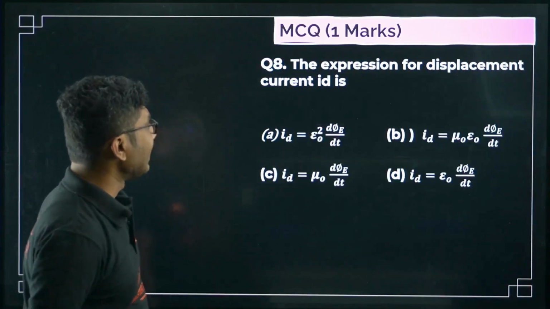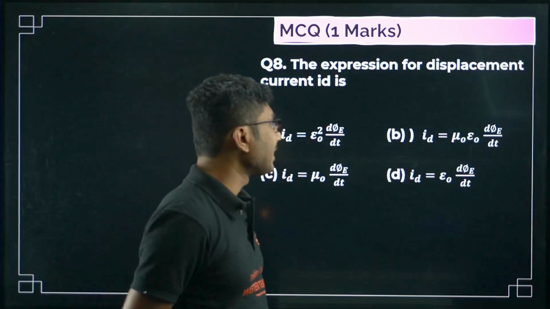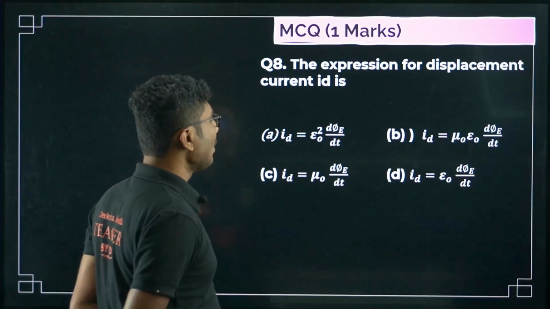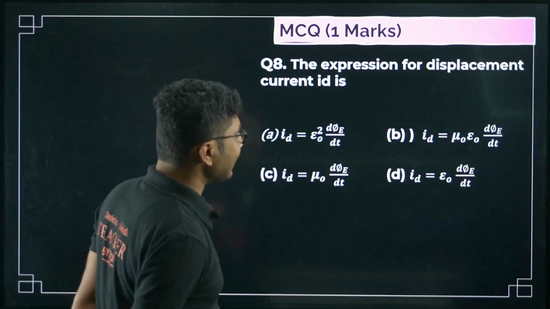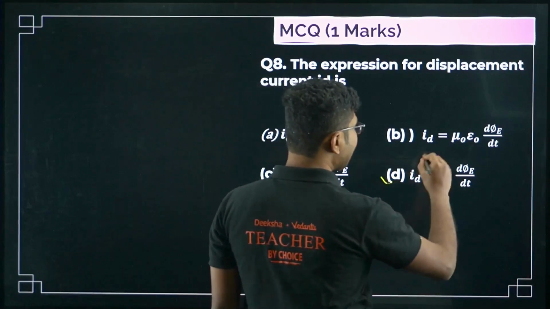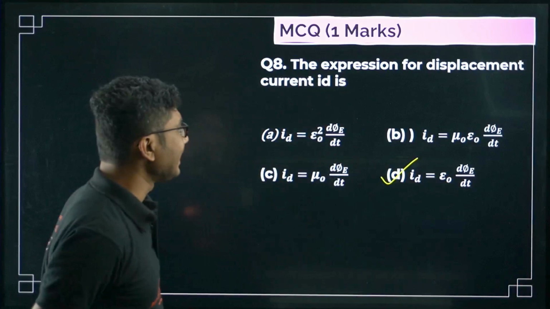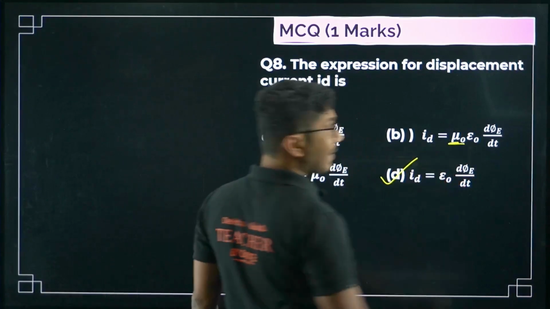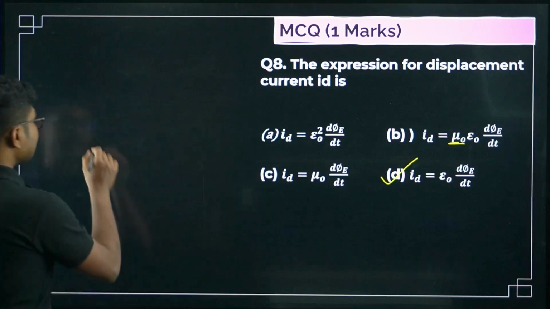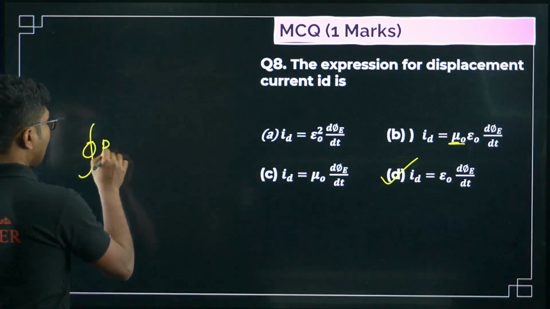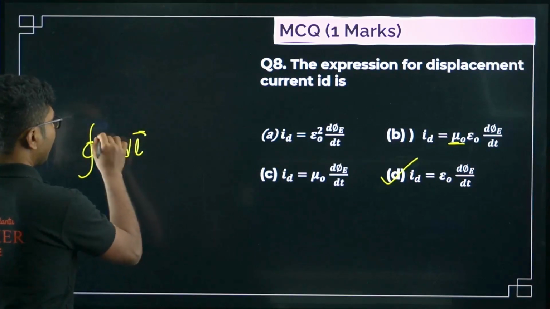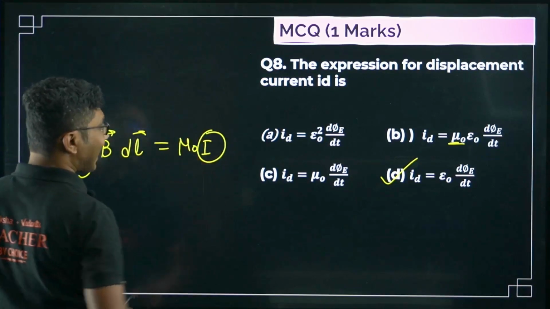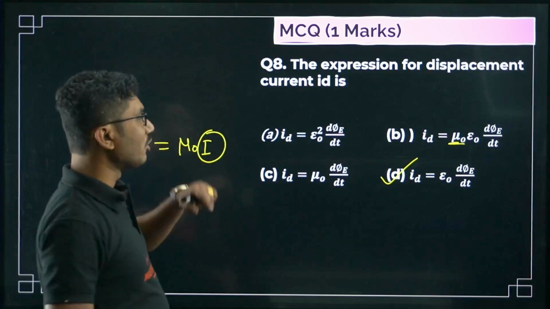Question number 8. The expression for displacement current. So the expression for displacement current is ID equals epsilon naught d phi E by dt. Now you have to remember that this mu naught comes from Ampere's law. Ampere's law says that B dot dl is equal to mu naught I, right? If you apply the current ID in here, then you get this mu naught I epsilon naught.